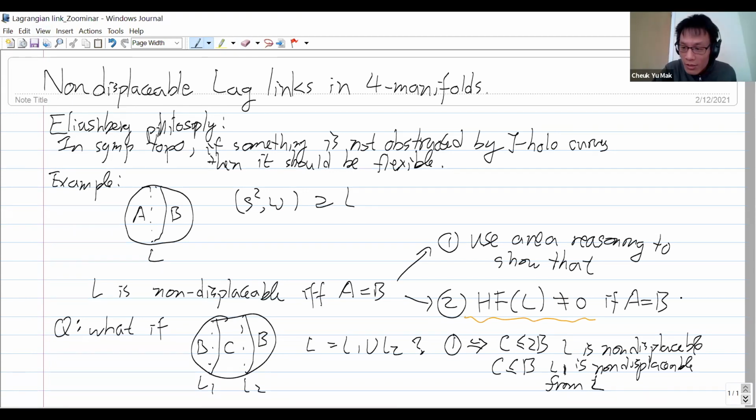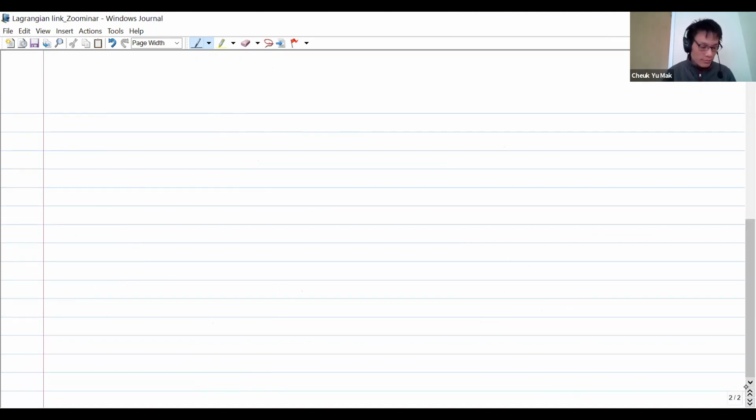So, the question is whether we can prove this result using J-holomorphic curves.